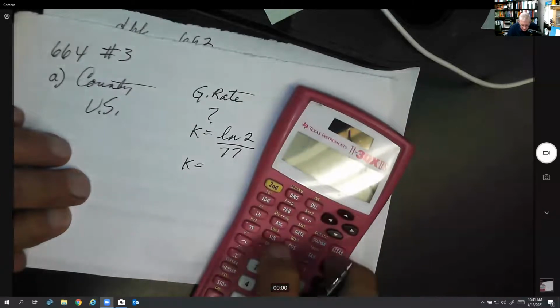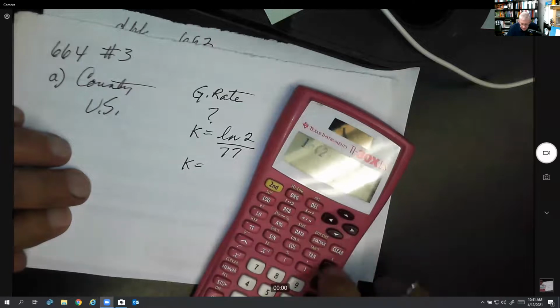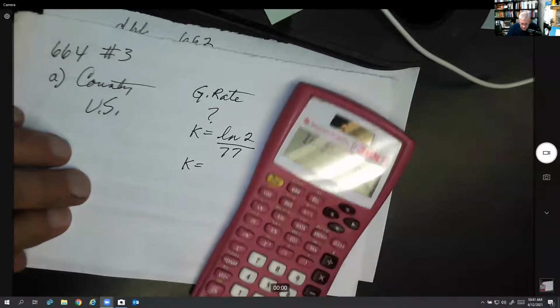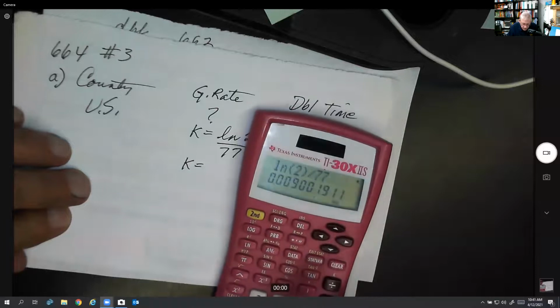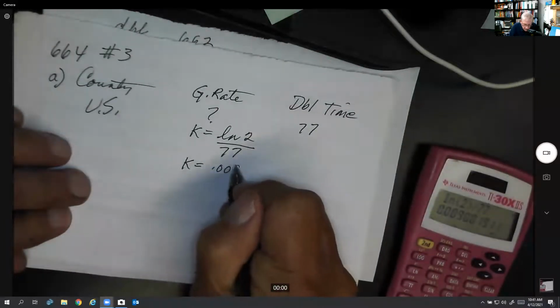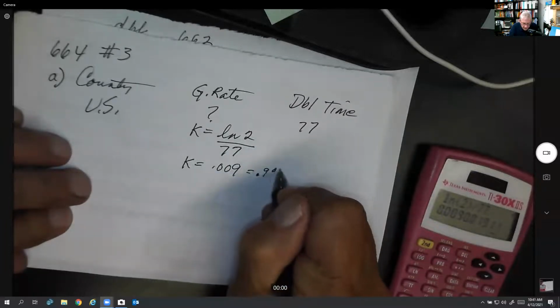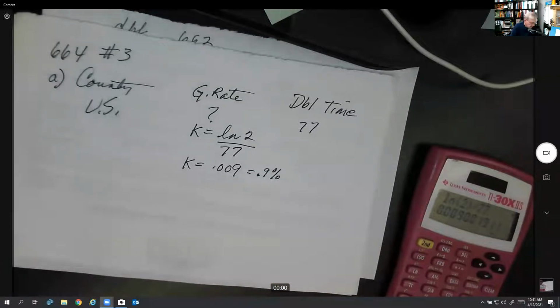It's just that easy. ln2 divided by 77. That should give us the growth rate, 0.009. Or if you want to write it as a percent, 0.9%.